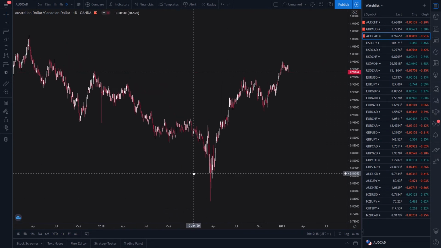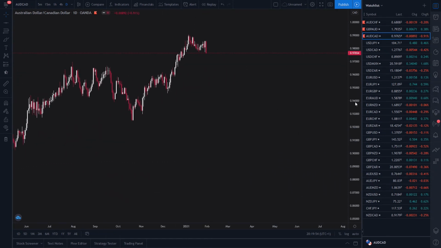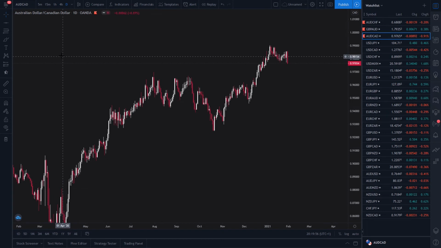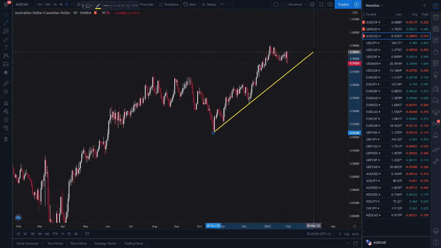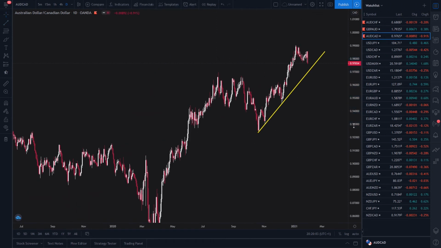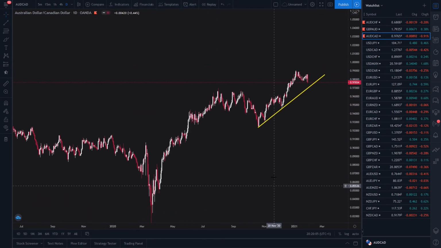Okay, we can see the most recent data. So we have a sort of a trend line here, and it's looking like a strong trend, right?